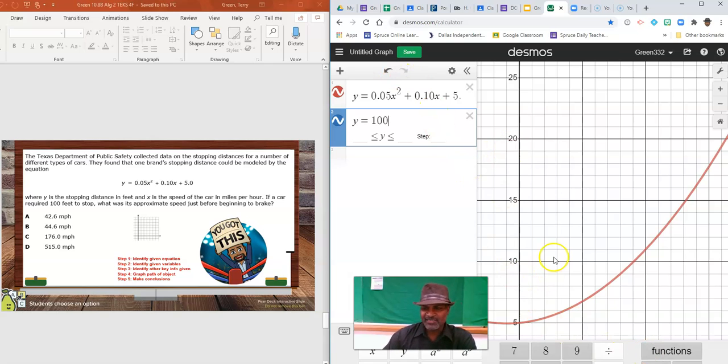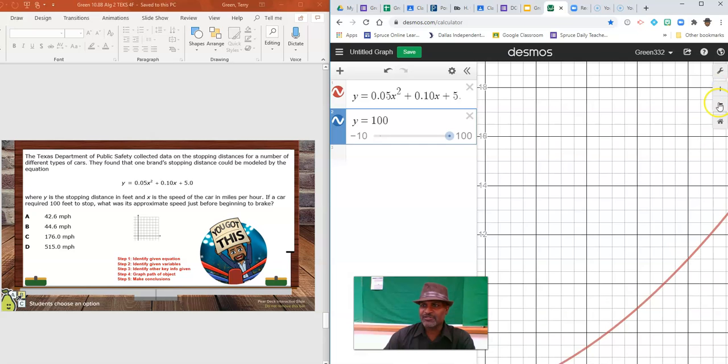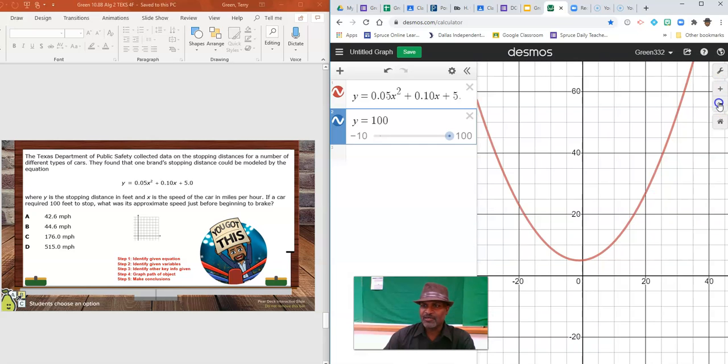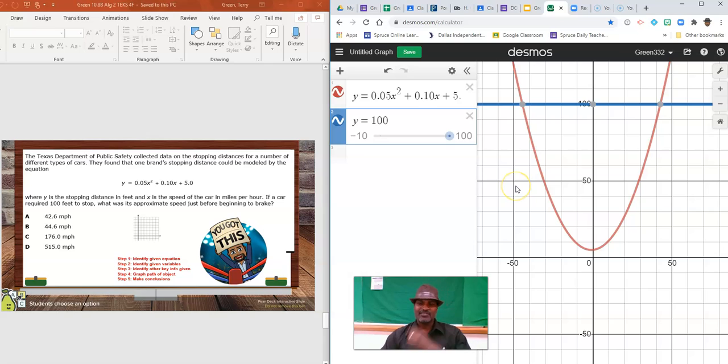That would be x. So let's zoom this graph a little bit. I don't have to do anything but just zoom this one. We're looking at what is the speed when the stopping distance is 100. 42.6, which is choice A.